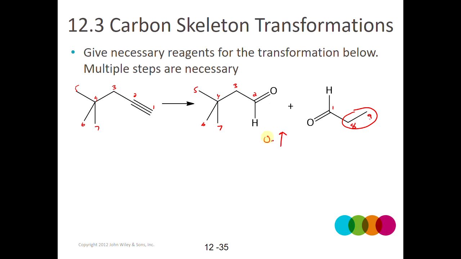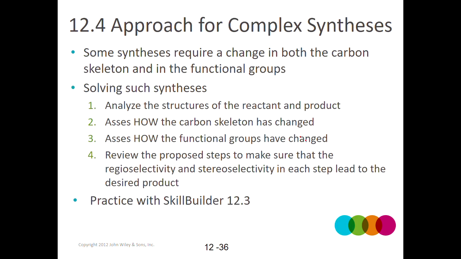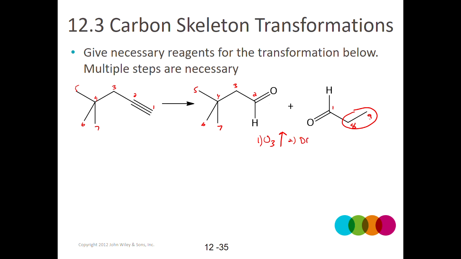If I use ozonolysis in this last step, previous to that reaction, what this would have looked like would be this. Right, it would have had 1, 2, 3, 4, 5, 6, 7, 8, 9 carbons. And the ozonolysis would have broken that double bond to produce these 2 CO double bonds.